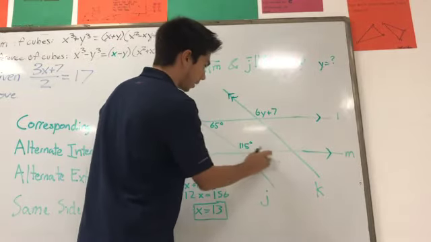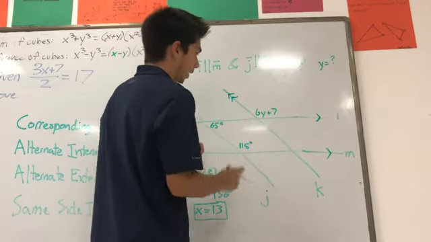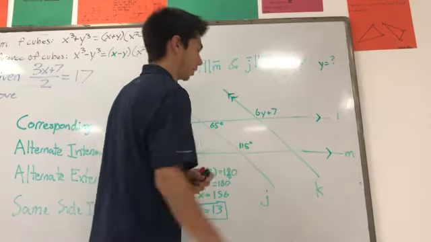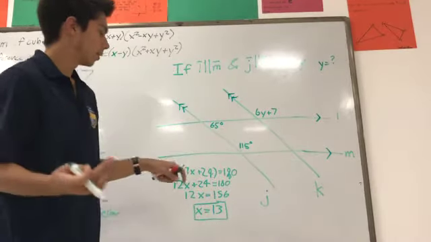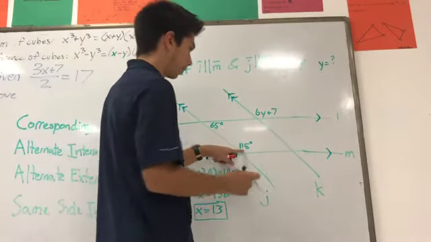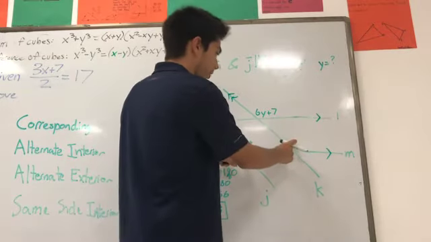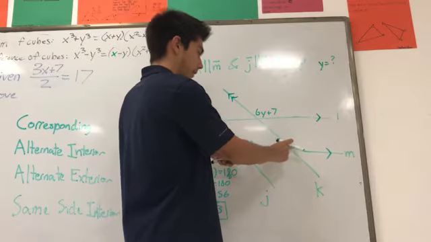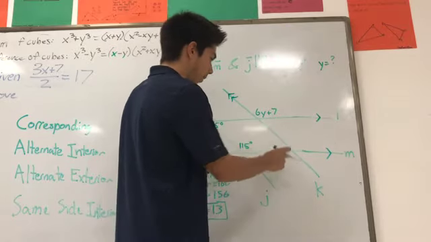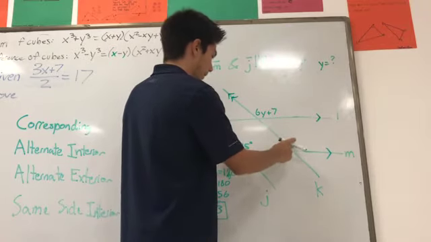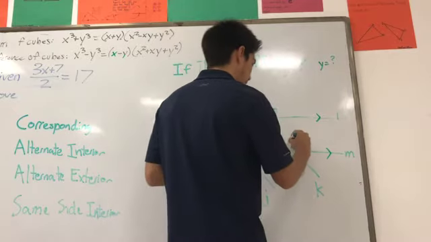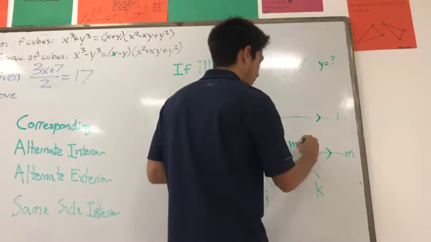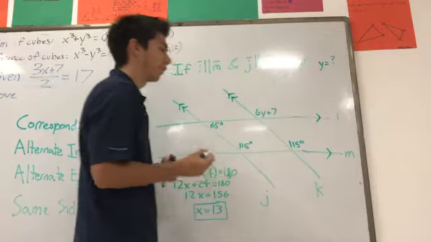So now these are going to become the transversals, and these are the 2 parallel lines we're going to look at. So I know that this angle and this angle right here are corresponding angles. Because these 2 lines are parallel and there's a transversal, these are corresponding angles, and corresponding angles are congruent. I know that that's 115 degrees.